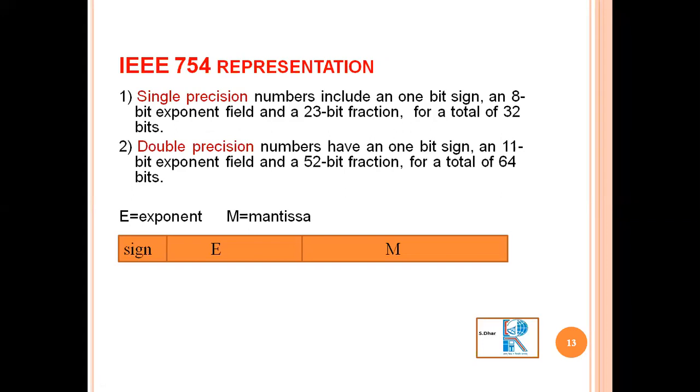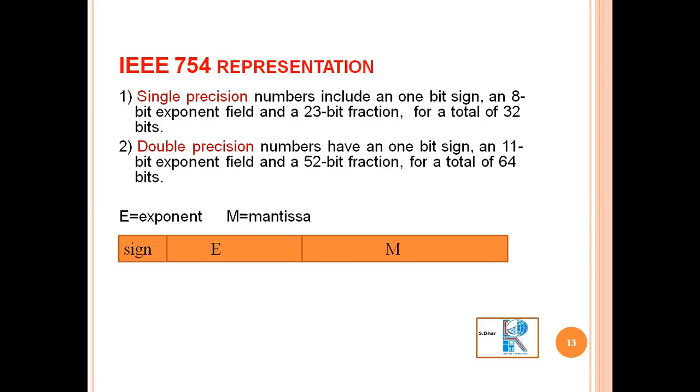IEEE is an organization which standardizes different things which you use in electronics or in computers. They also have some research journals. IEEE does many types of work. So they have given some standard fixed point representation and a standard floating point representation. Why is this standardization required?